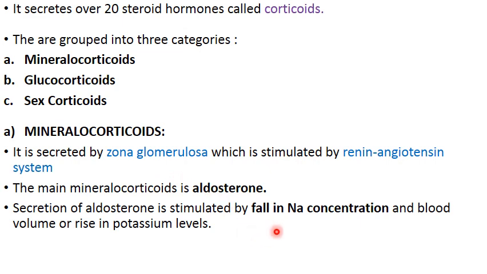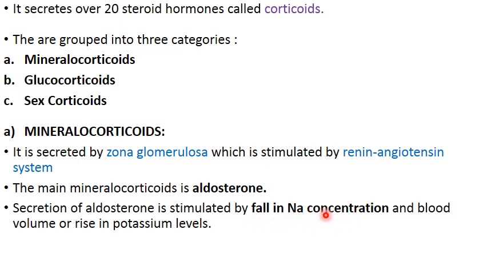That means when there is a fall in the sodium concentration, renin will be stimulated and that will convert angiotensinogen into angiotensin 1 and then into angiotensin 2, and that will act upon this zona glomerulosa and stimulate it to secrete the mineralocorticoids. अब main hormone कौन सा है mineralocorticoids में? That is aldosterone.